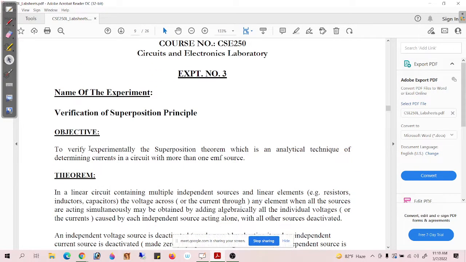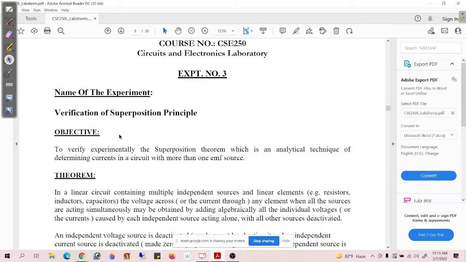So does everyone know what superposition principle means, or is anyone familiar with this particular principle, or has your theory course covered it yet? Okay, I guess not.